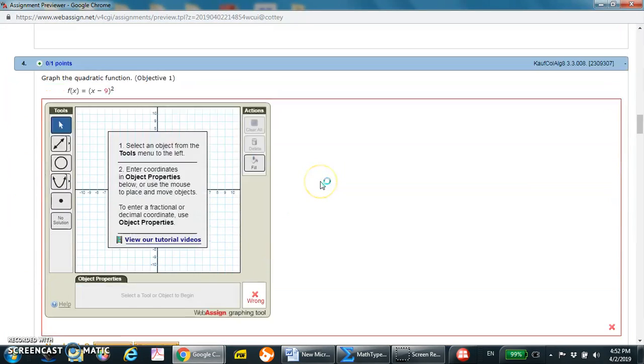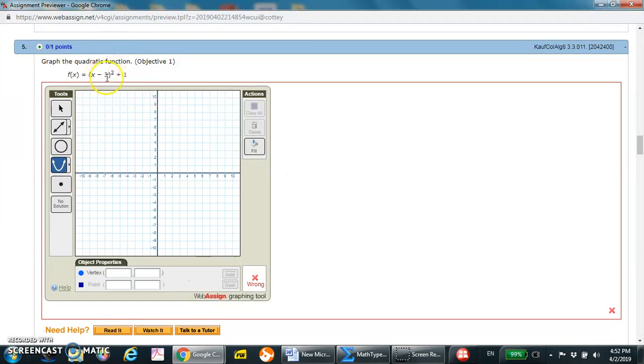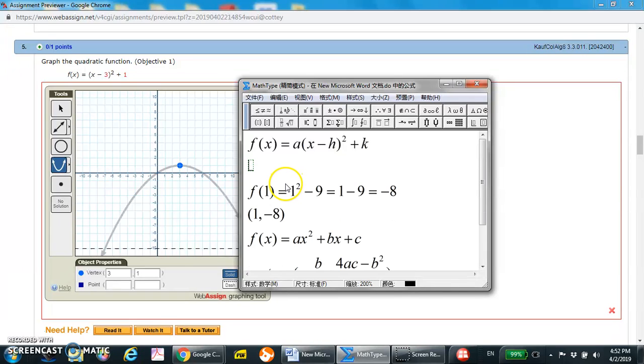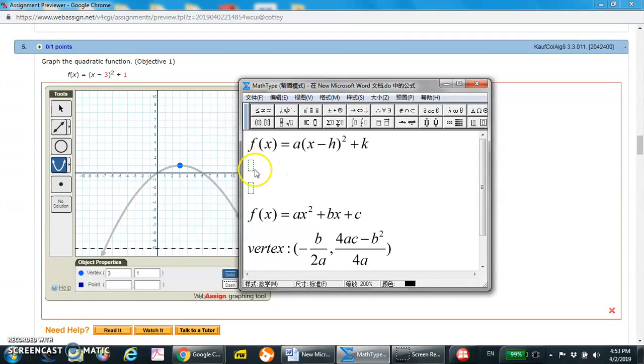Okay, let me do another example. So first, from this equation, we can see that the vertex is 3 and 1. It's point 3 and 1. Okay, now next we need to find the second point. And this time I will show you that there is a bug on the website. So I will show you what that bug is. For example, let's say I choose x to be 10.